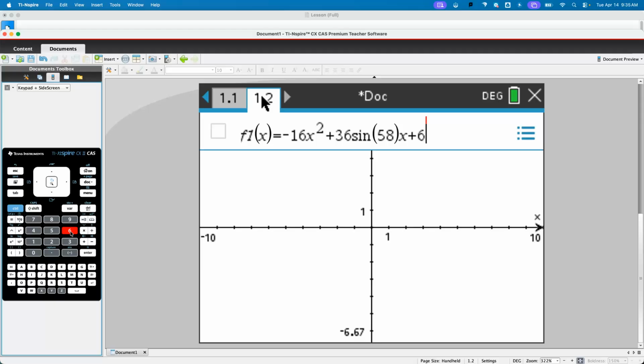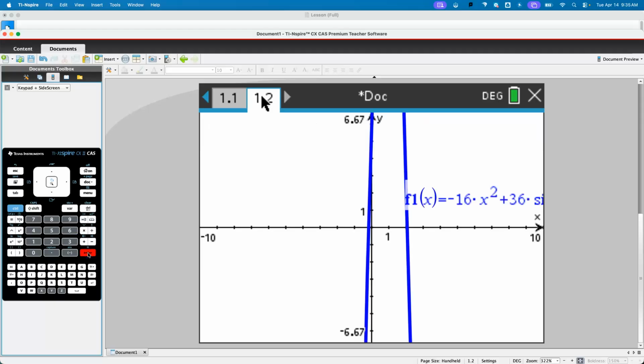So -16x squared, 36 sine 58 x plus 6. And when I graph that, I can find certain things.